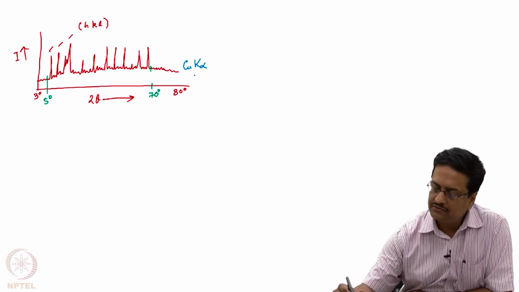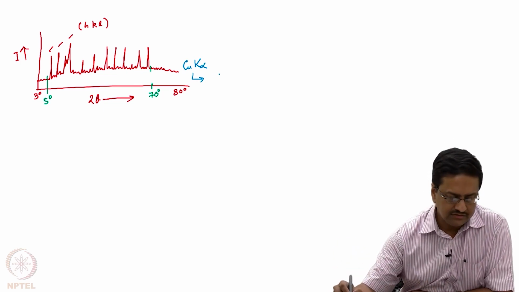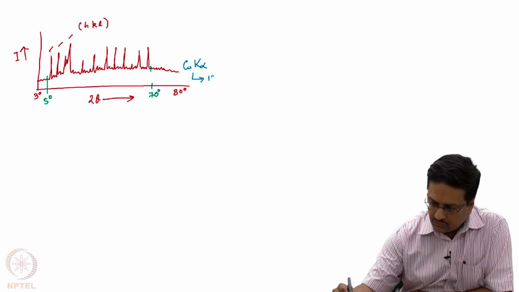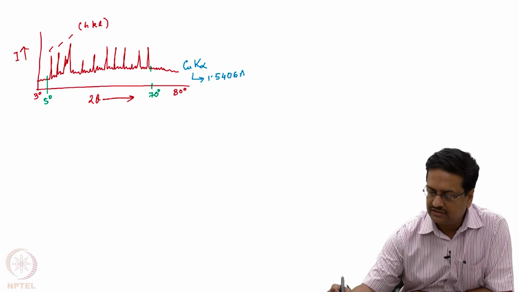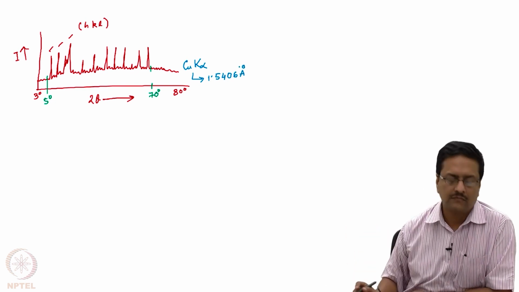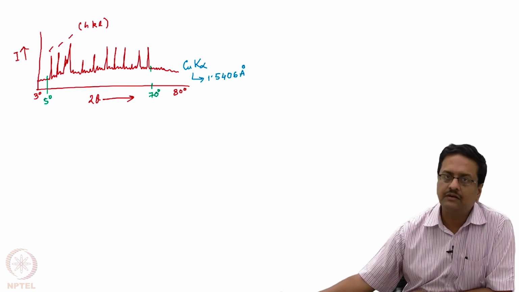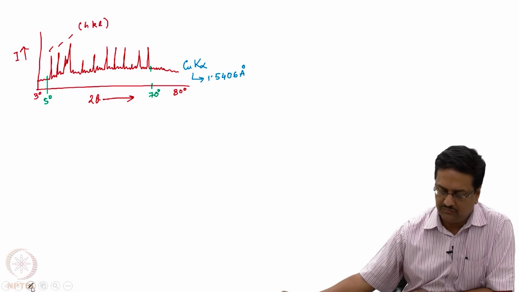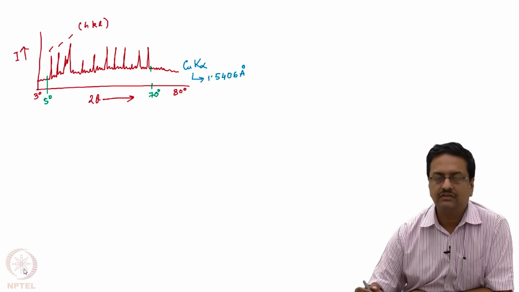What is the wavelength of copper K alpha? It is 1.5406 angstroms. Now, if somebody wants to use a molybdenum radiation for the same purpose, what should happen?